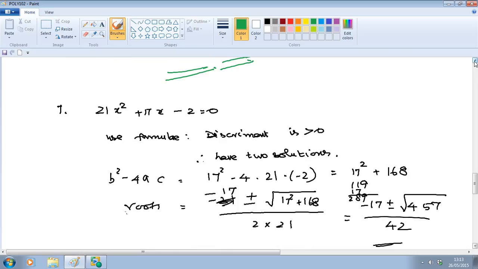So 21x square plus 17x minus 2 equal to 0 is a quadratic equation.